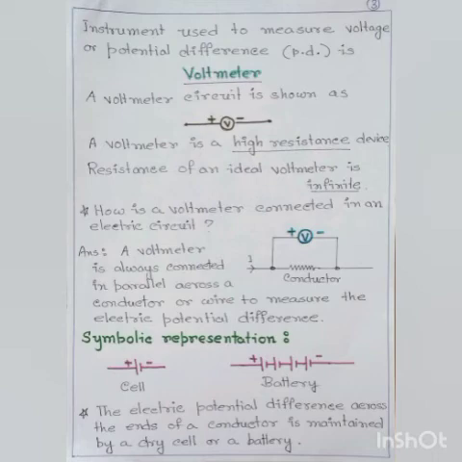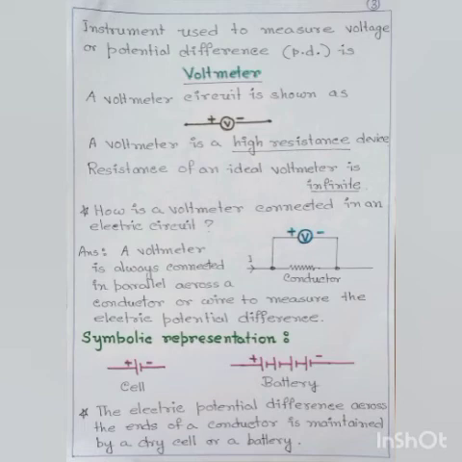You just write down the information now, how a voltmeter is connected in an electric circuit. I have given how the circuit diagram you have to draw, and what will be the answer? A voltmeter is always connected in parallel across a conductor or wire to measure the electric potential difference. And what is the symbolic representation of a cell or battery? Actually, a battery is a series combination of cells. Again, I am using the term series.